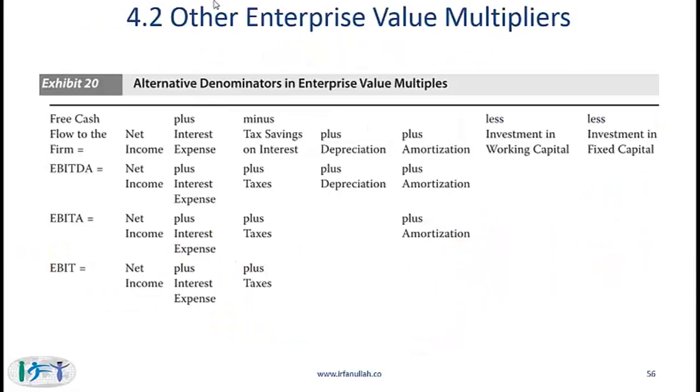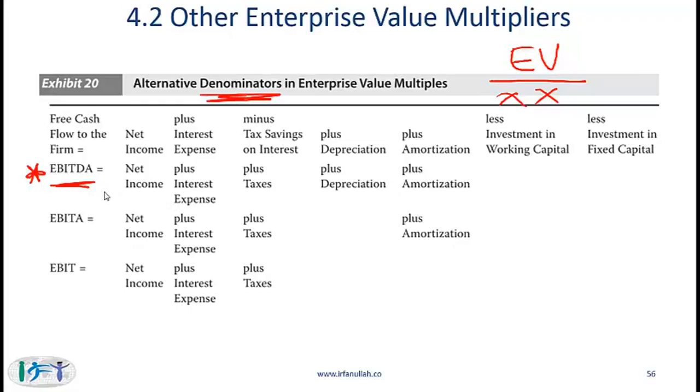All right, some other enterprise value multipliers. So if you look over here, the item that we have focused on is EBITDA. All we are looking at is alternative denominators. What is the numerator? The numerator we are assuming is EV. So what do you have in the denominator?